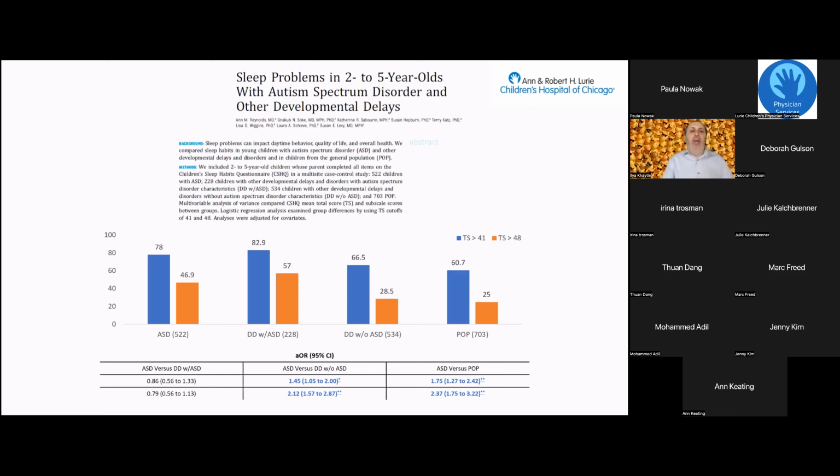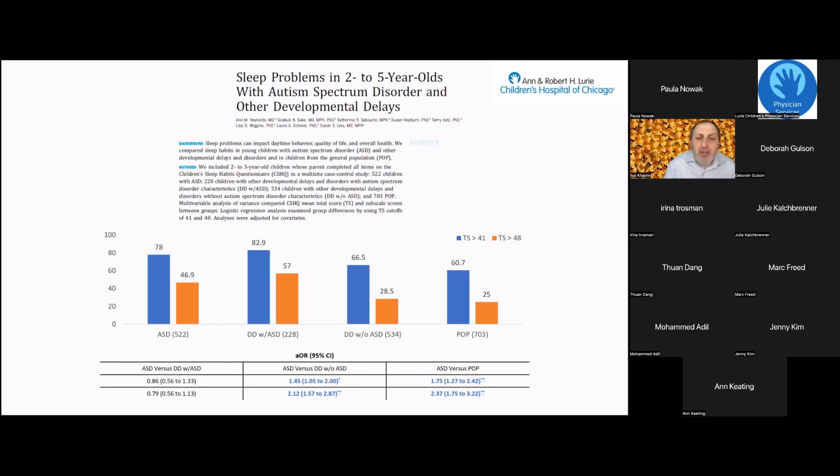In fact, the adjusted odds ratio of a child with autism with developmental delays would be up to 2 times higher of having sleep problems than children without developmental delays.